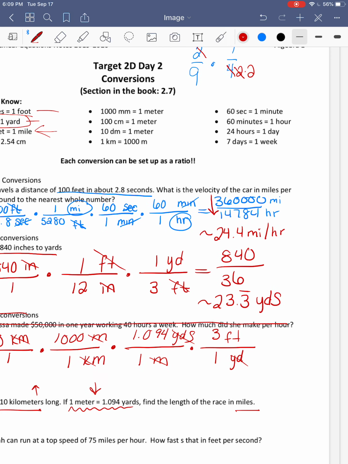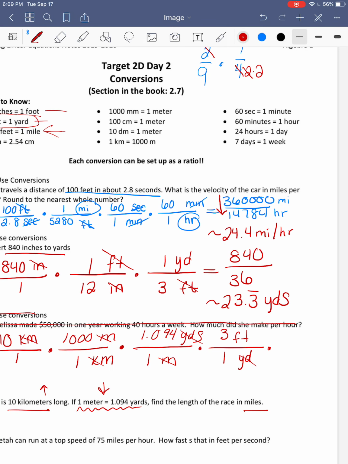Oh my gosh, end in sight. So I'm going to multiply this. I even ran out of room, geez. So I know that there's 5,280 feet in a mile. So now my feet are gone, and now I've got the miles, my desired unit. And so now I'm just going to go ahead and multiply all my numerators. And oh my goodness, what is that going to give me? Okay, so that's going to give me 32,820 miles all over, and I'm going to multiply all the denominators, which is just 1 times 1 times 1 times 1 times 5,280.